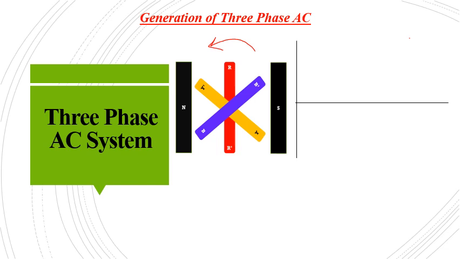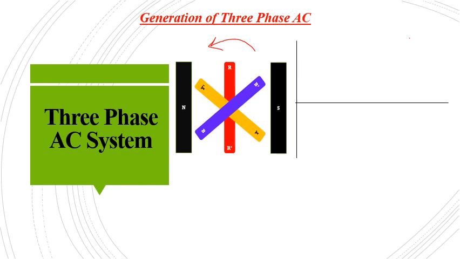Okay. So first of all, consider the first set of coil, that is your R coil, which is denoted here in the figure in red color. We know that when one set of coil is rotated in a uniform magnetic field, we will be getting a single phase voltage.